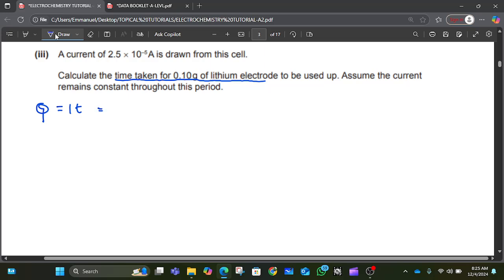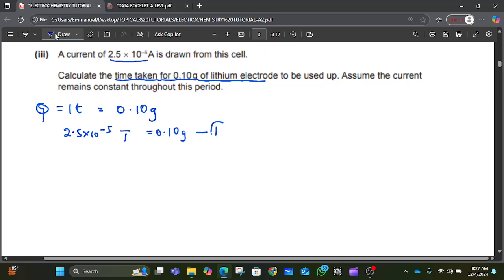And this has a relationship with the mass of the lithium electrode used up. And so this must be equal to 0.10 grams. Because for this mass to be used up, this current was used for a certain time that we are supposed to calculate. So our current is 2.5 times 10 power minus 5.